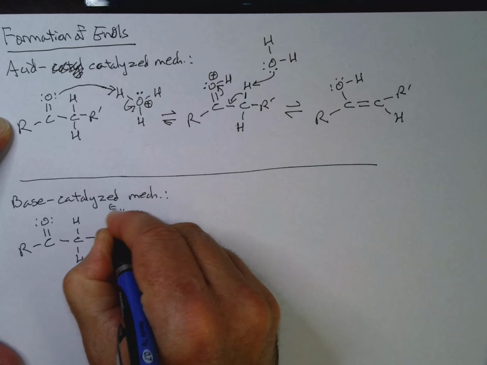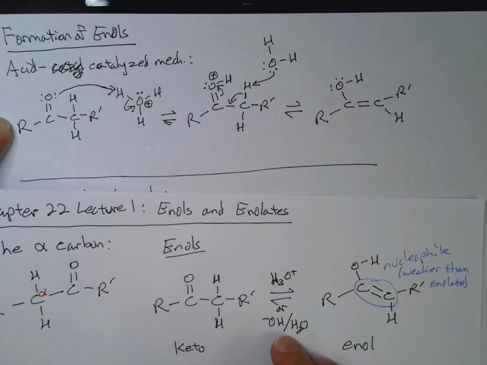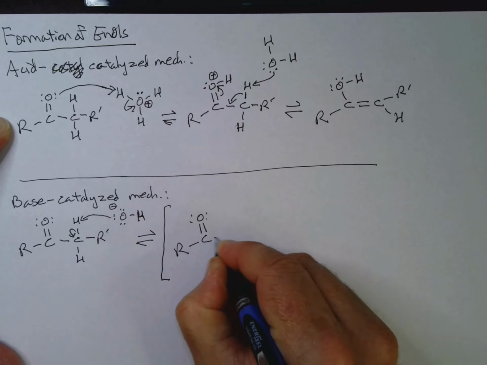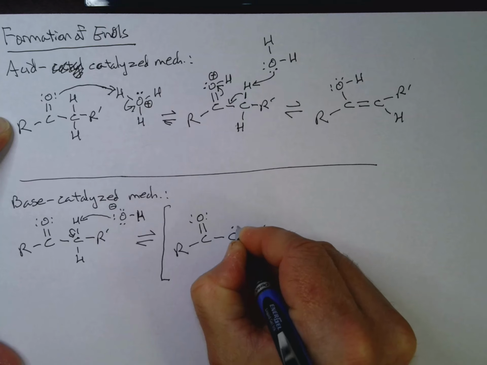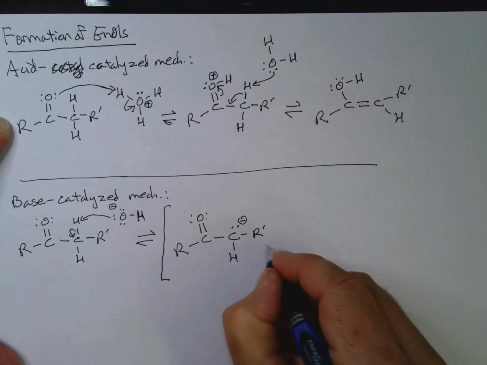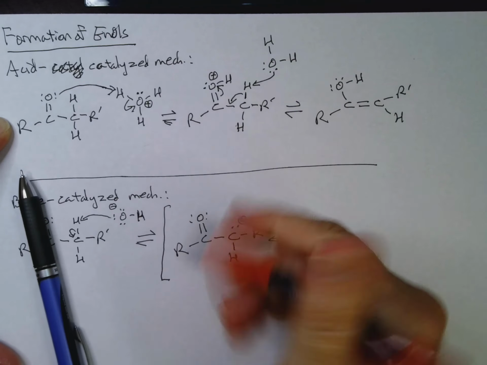We're using hydroxide because that's what I had in my original reaction, the aqueous hydroxide. And we will deprotonate. That's actually going to give us a species with a resonance structure. So we'll get our enolate ion, but I should draw my resonance structure here.